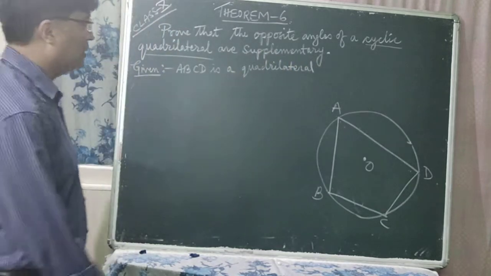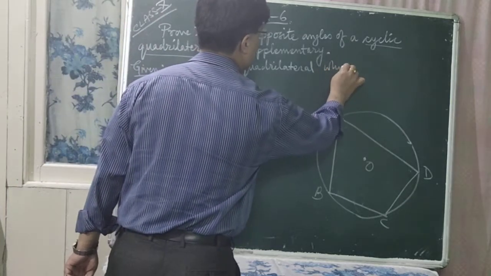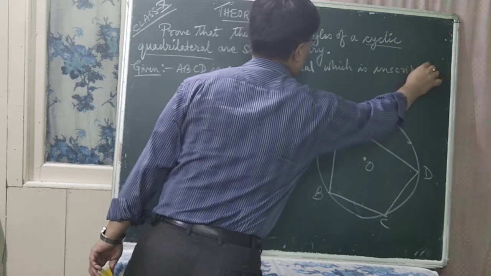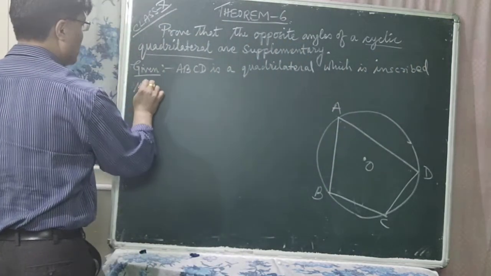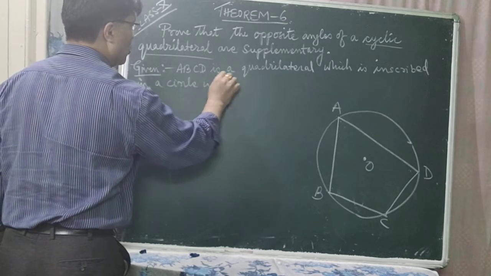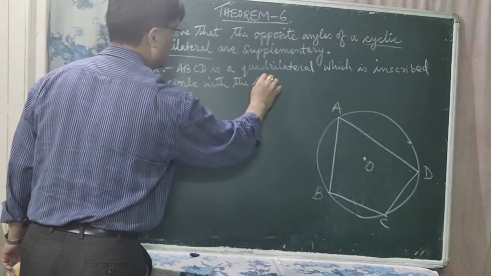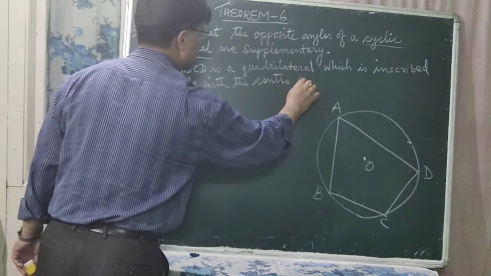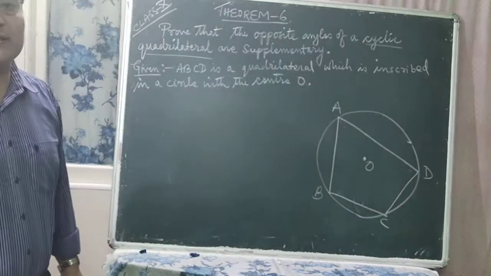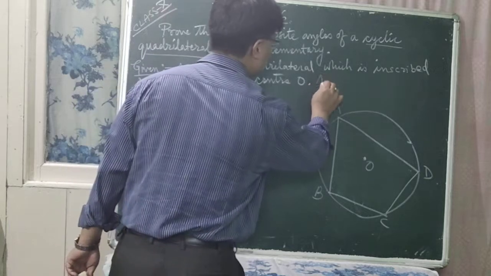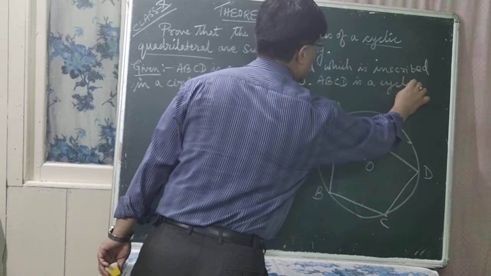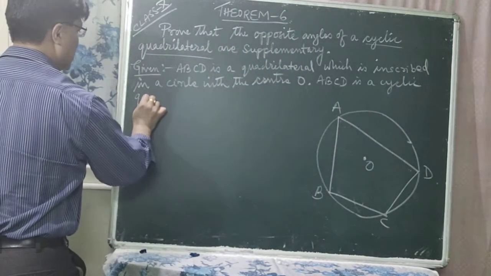ABCD is a quadrilateral which is inscribed in a circle with the center O. That is, ABCD is a cyclic quadrilateral.